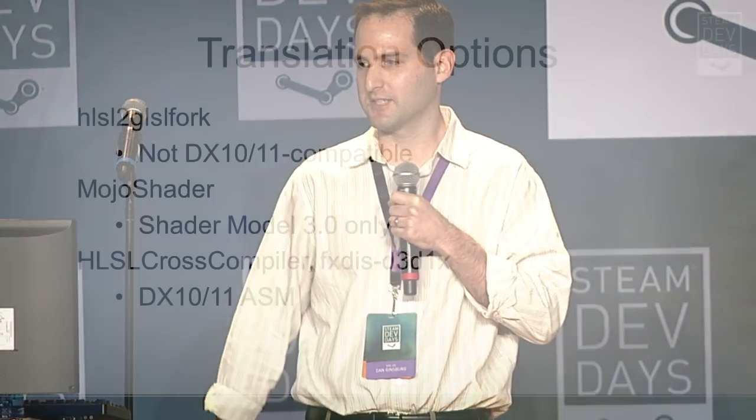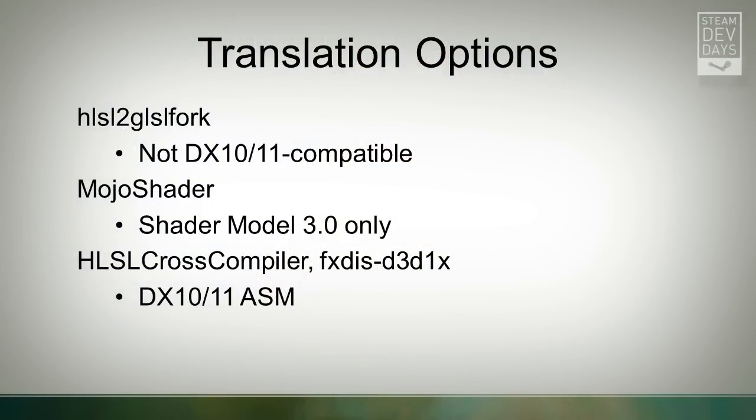Rich, who will be speaking next, also has a project up on Google Code called FXDIS D3D1X, and that'll take a D3D 10 or 11 blob and convert it into an assembly-like representation. So if you wanted to go that route, there are some projects out there, but as I mentioned, that wasn't a solution for us, and none of these looked like they were really going to work.